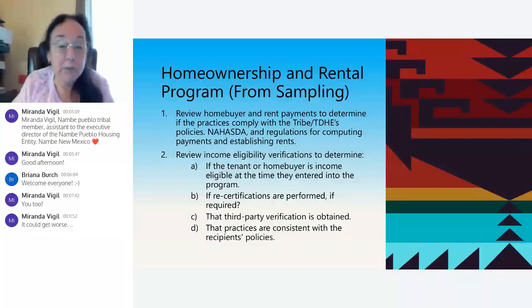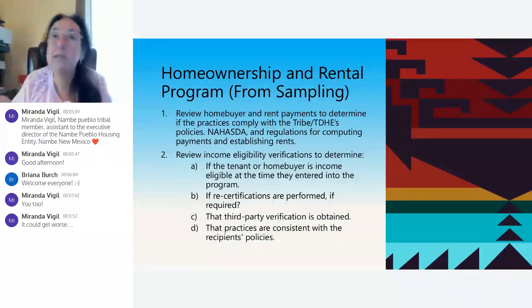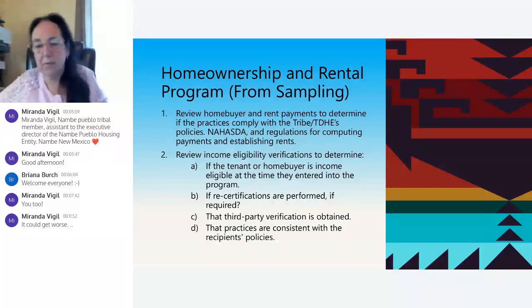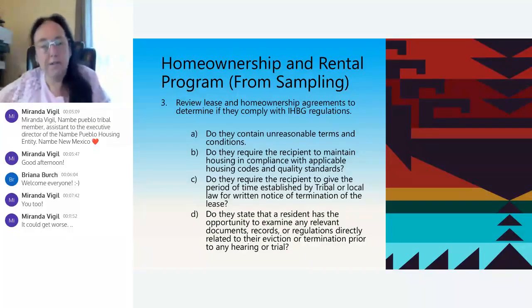If you're doing recertifications as required, that third-party verification is obtained if possible, and that your practices are consistent with your policies. Okay, that's huge. Don't put it into policy if you're not going to do it.